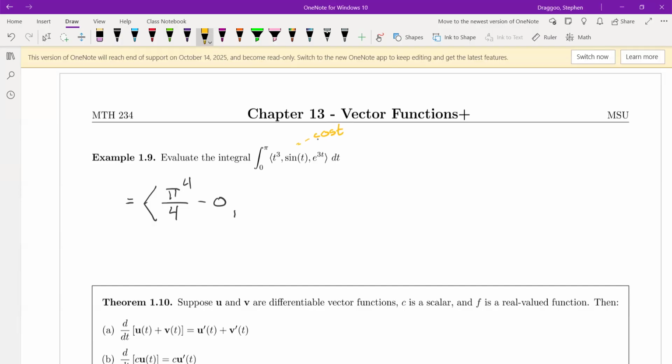Cosine of pi is -1, and -1 is going to become +1. Is that right? I think that's right. And then I want to subtract negative cosine of 0. Cosine of 0 is 1, so minus -1 becomes +1.